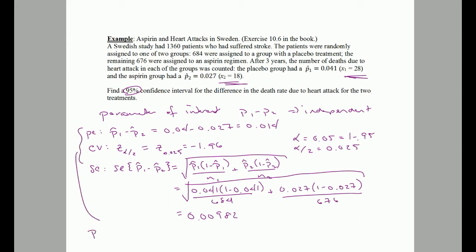So we're going to do P1 hat minus P2 hat plus or minus Z of 0.025 times that square root of P1 hat, 1 minus P1 hat over N1 plus P2 hat, 1 minus P2 hat over N2.